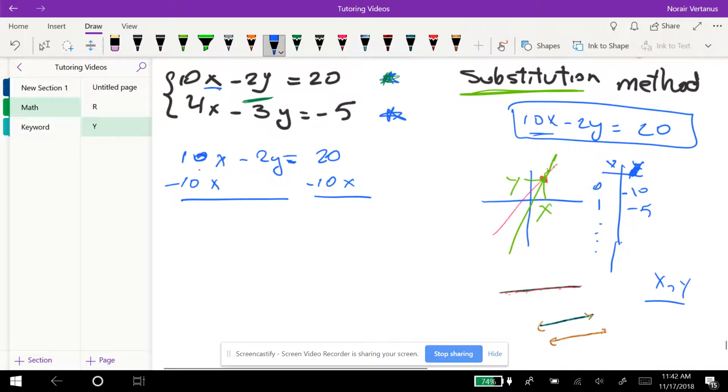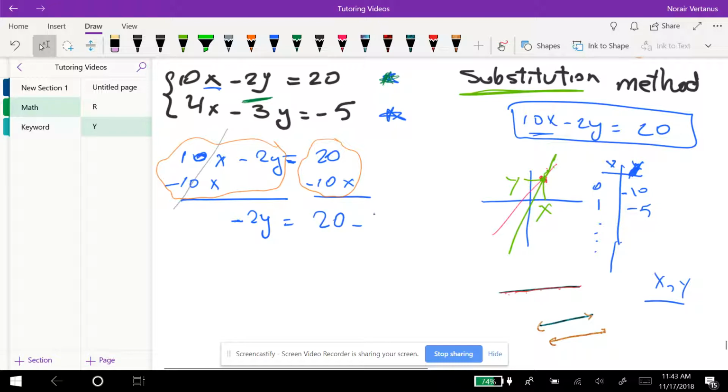On the left side, these two cancel because 10x minus 10x is 0. That was the whole purpose of subtracting 10x. I'm left with just negative 2y equal to 20 minus 10x on the right side.